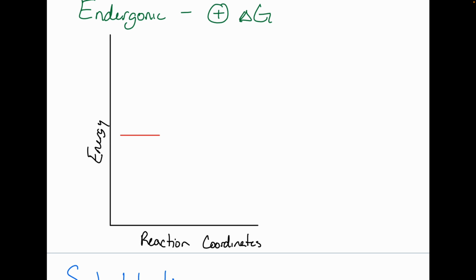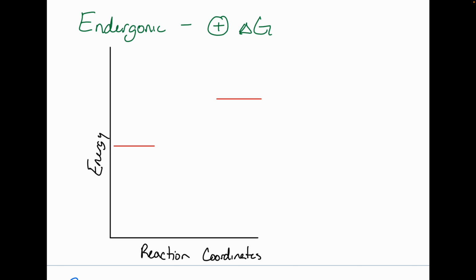All right, so I'm going to draw in my reactant energy level over here on the left. When I draw in my product energy level over here on the right, where does it have to go? Higher than my reactants, right? So endergonic, meaning your products are higher energy than reactants.